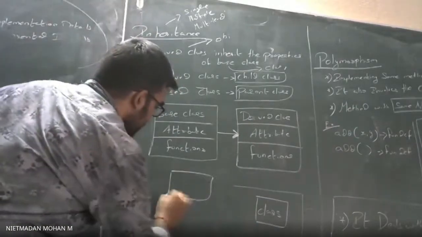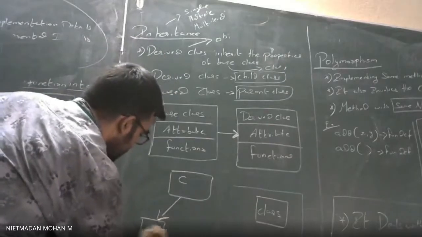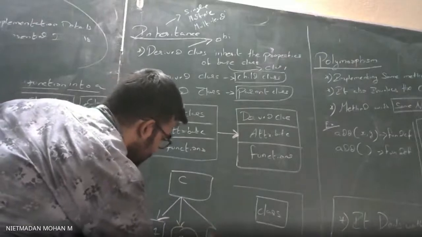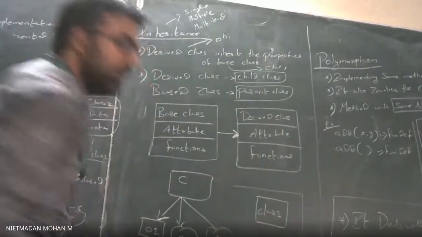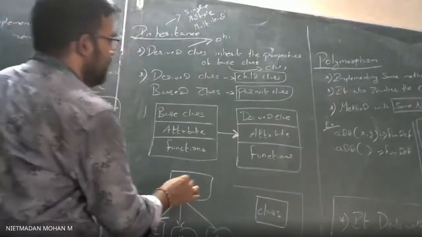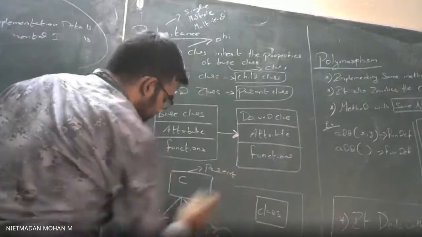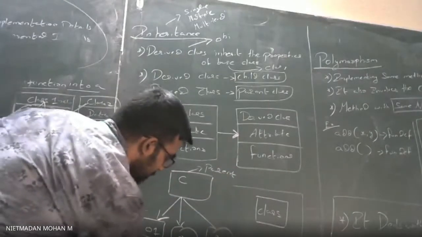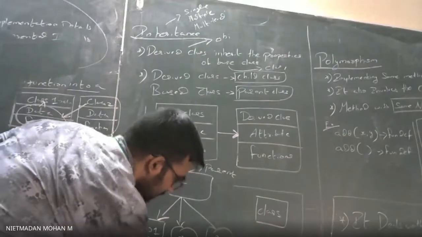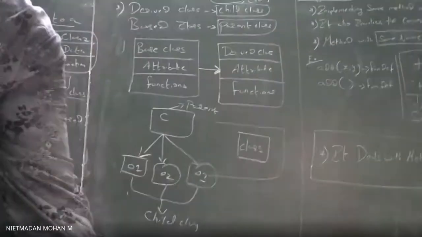You are creating a class and you are creating object 1, object 2, object 3. From the inheritance point of view, this class is known as the parent class, and all these objects are represented as child classes. Clear?